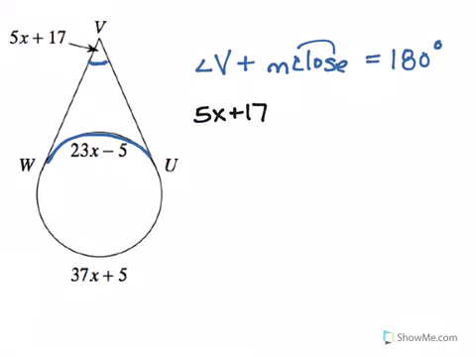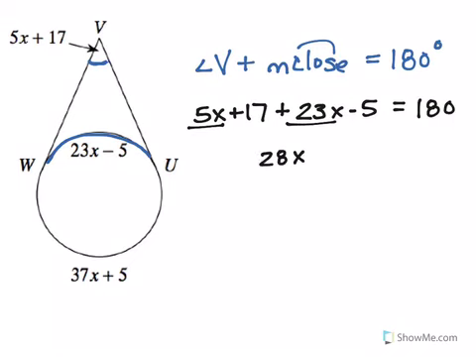5x plus 17 is V. We add to that, and we don't need to use parentheses because we're adding, so my signs don't change, 23x minus 5, and that is equal to 180. So a little bit easier simplifying process here. 5 and 23 is going to be 28x. And then when I combine positive 17 and negative 5, I get positive 12 is equal to 180.